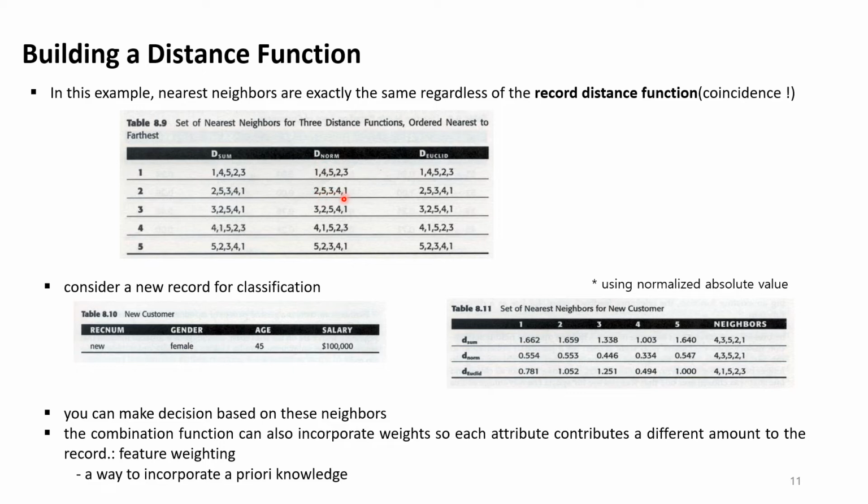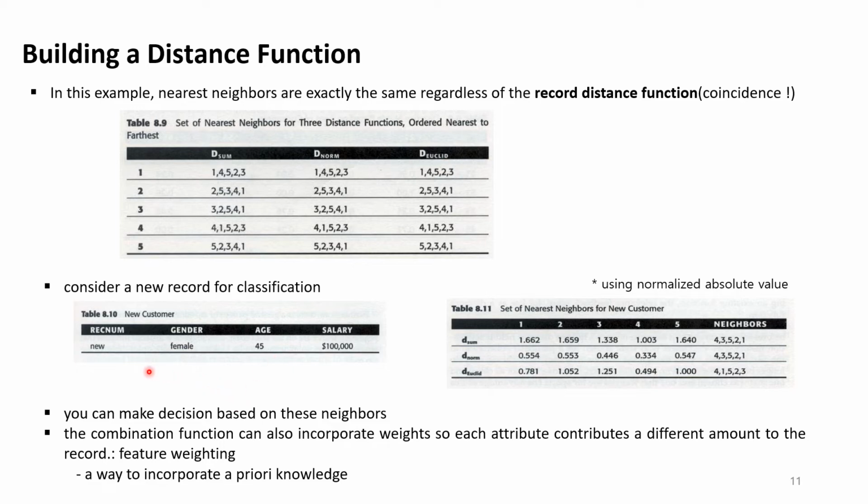By the way, 2 is the nearest neighbor and 1 is the most distant neighbor. One interesting thing here is that in this particular case, regardless of the record distance function, we have the same result. But this is a kind of coincidence. This is not always true.